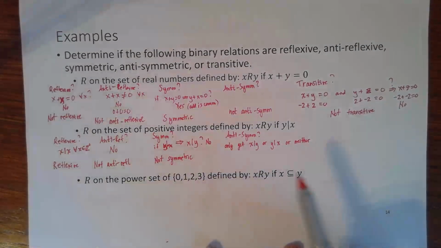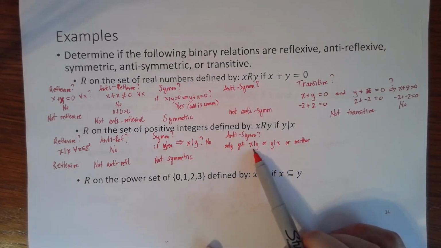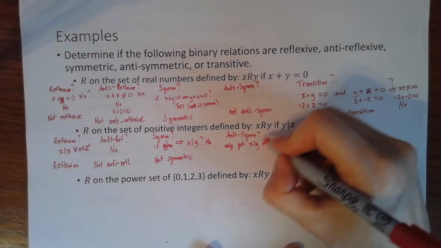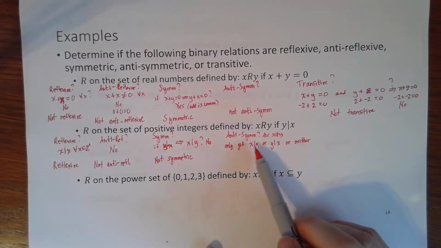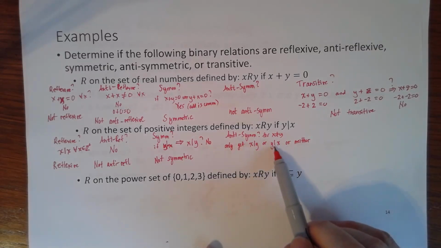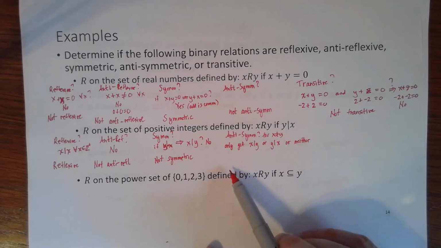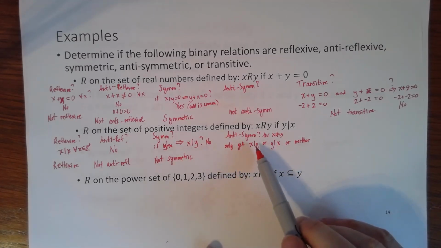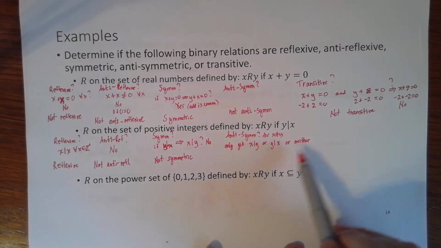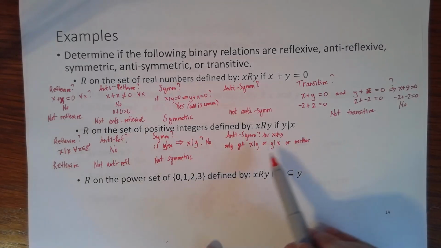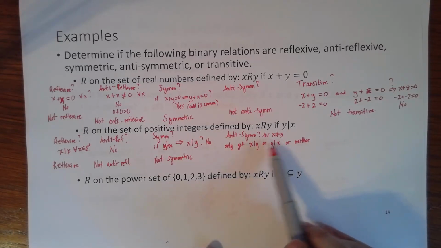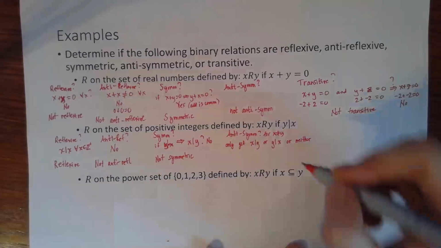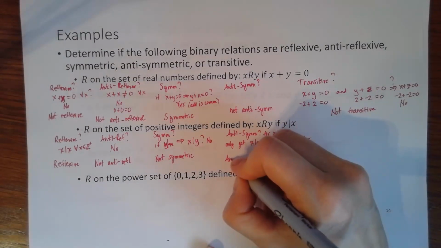Okay, so this is again for x not equal to y. If x divides y, then that means that x has to be less than y, and so there's no possible way for y to divide x. So there's no way for both of these things to be true at the same time. It could be neither, but both cannot be true at the same time. And so this one is anti-symmetric.